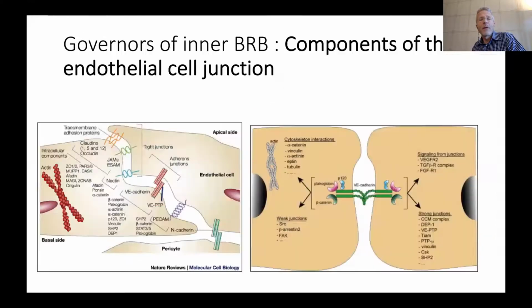What VEGF is doing is governing the cell-cell junctions between the endothelial cells. And there are two types of junctions that can be affected, the tight junctions and the adherens junctions, and VEGF acts mostly on the adherens junctions.